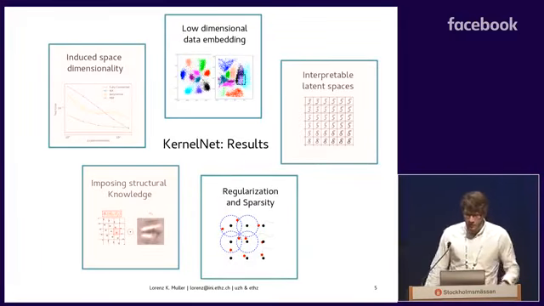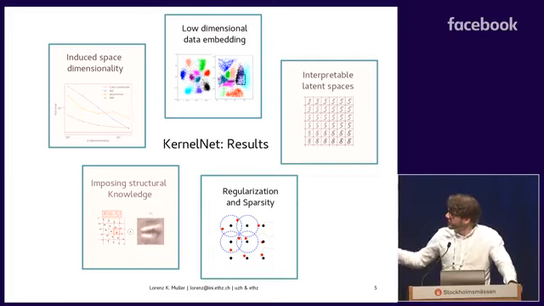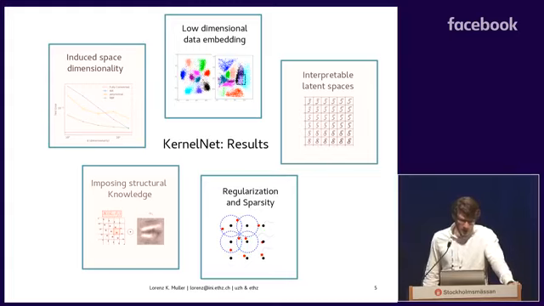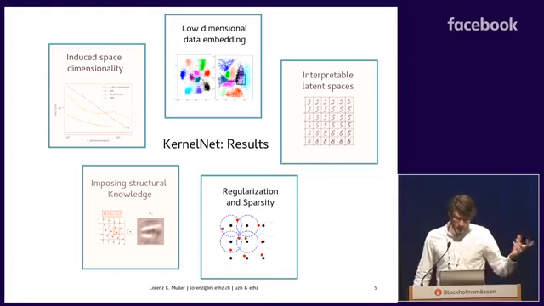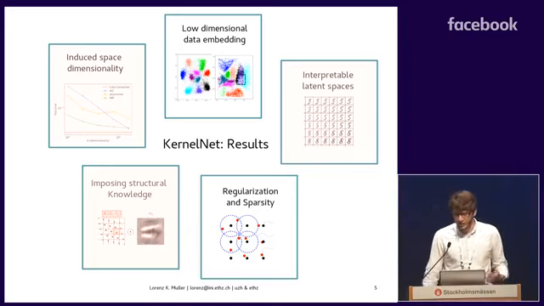Now, let's go to some results about what you can do with this. And there are several things that I'm just hopping over. Maybe one thing that I'm skipping about induced space dimensionality, I would like to mention anyway. In the context of compression, if you choose very small vectors, so very short u and v, it's very helpful to use a kernel that's more powerful than just a dot product like people often do.